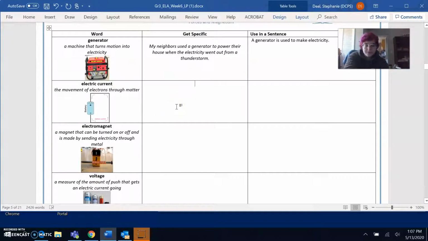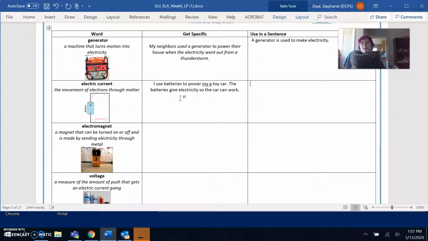So for an example, I use batteries to power my, let's pick something, how about a toy car? The batteries give electricity so the car can work.